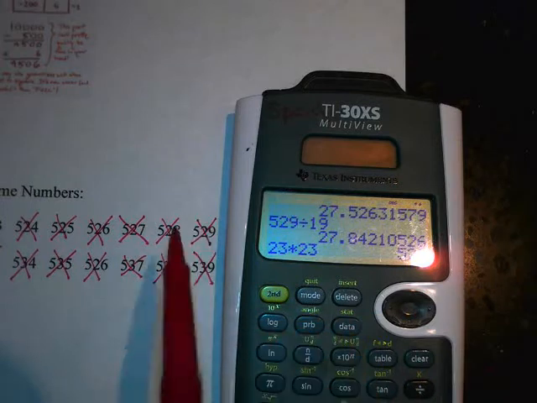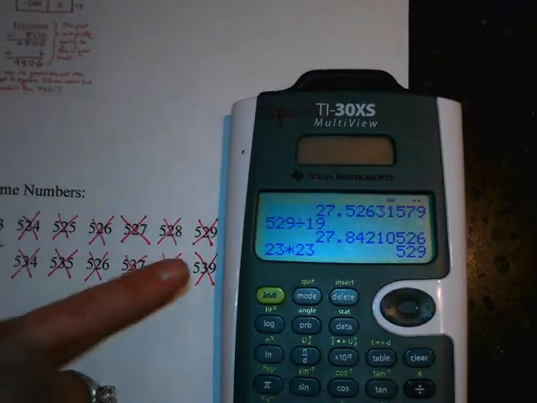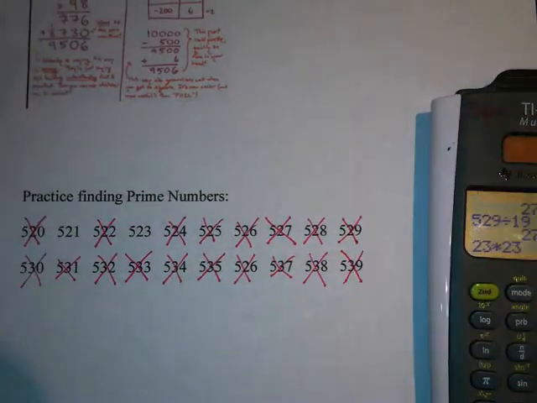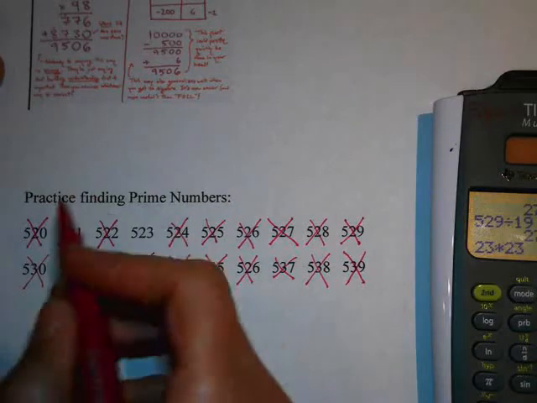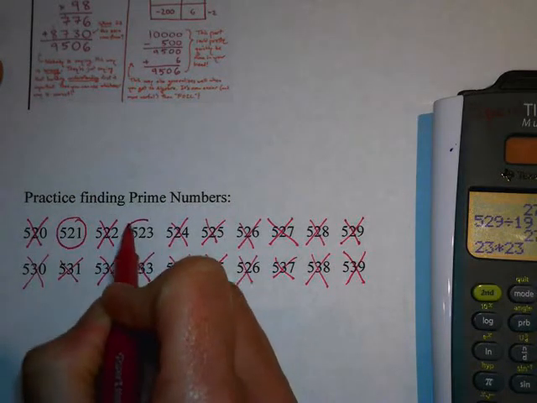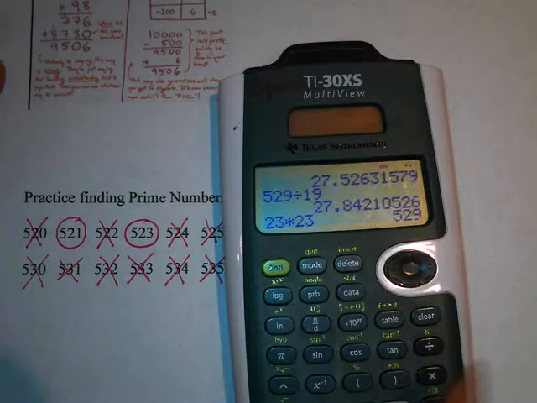So do you see, as soon as you're off the chart, like right now, we're off the chart, the only numbers that you have left are prime. So those two numbers have got to be prime numbers. The key thing is to know when to stop. So now I don't need to go to 29, because the first number I would cross off is 29 times 29, and that's off the chart.